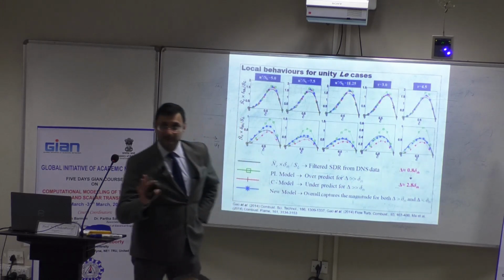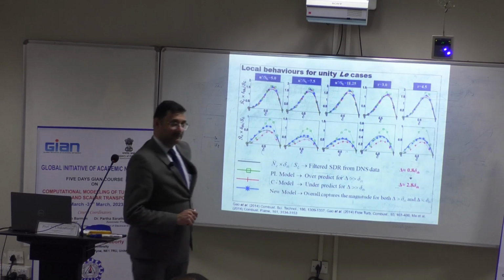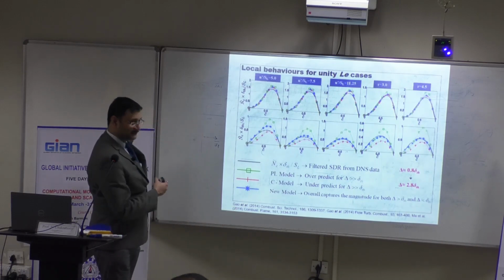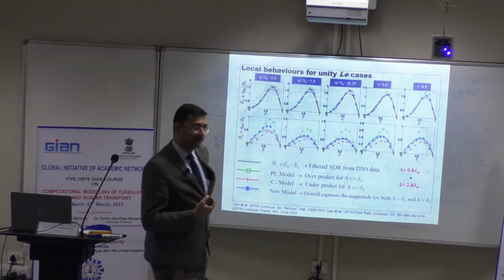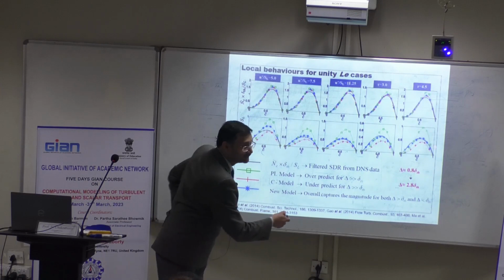Although it captured the volume average behavior, it doesn't capture the local behavior. The conventional model did a horrible job before in terms of capturing the volume average behavior. It doesn't look that bad here, but it poses quite a bit of underprediction.